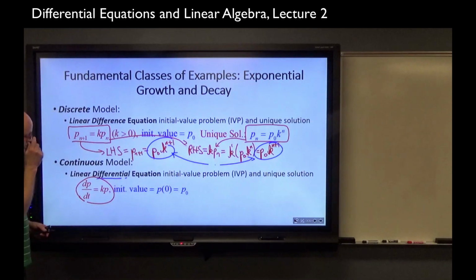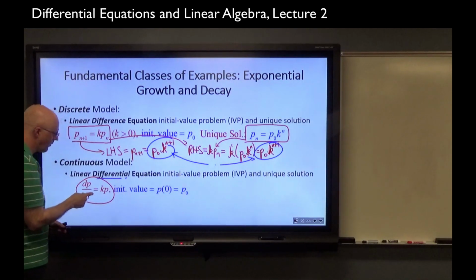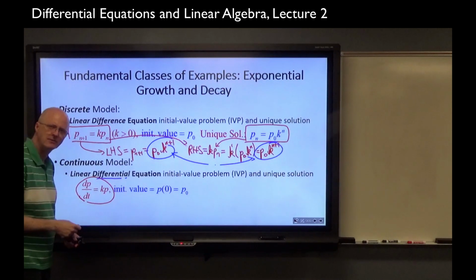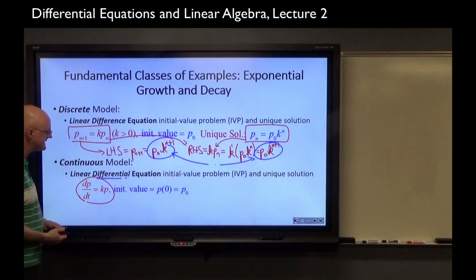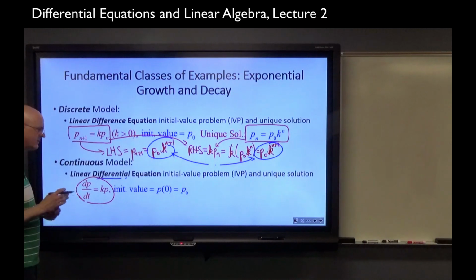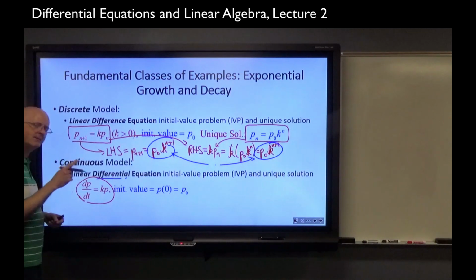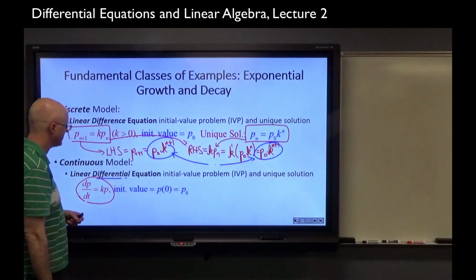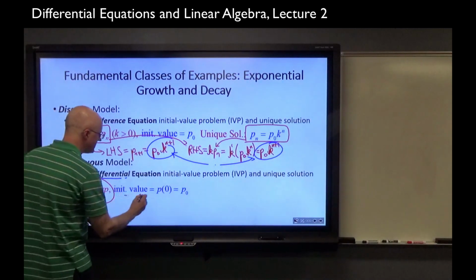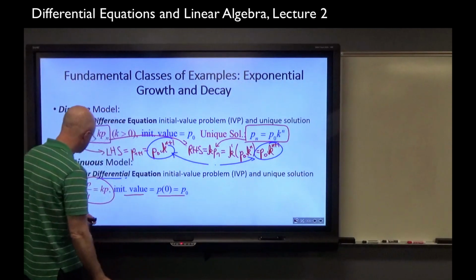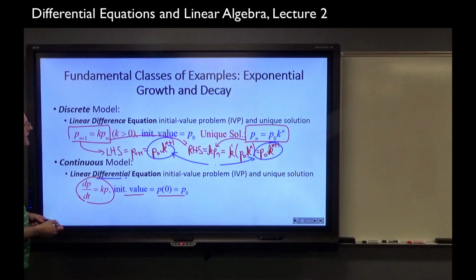For the example from lecture 1, one of the examples at least, k was natural log of 2, which was about 0.693, and that represented 69.3% growth as a relative growth rate. That occurs at every moment in time. I'll talk about what that means with a decay example here in a minute. The initial value is p of 0, which is p sub 0. Okay?